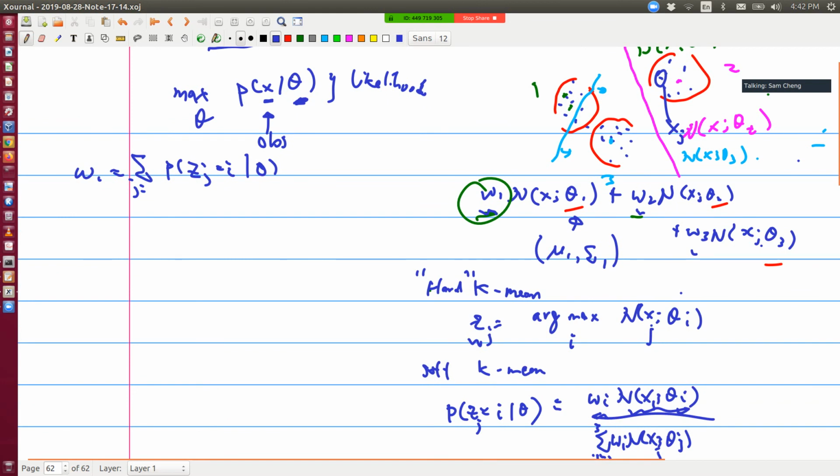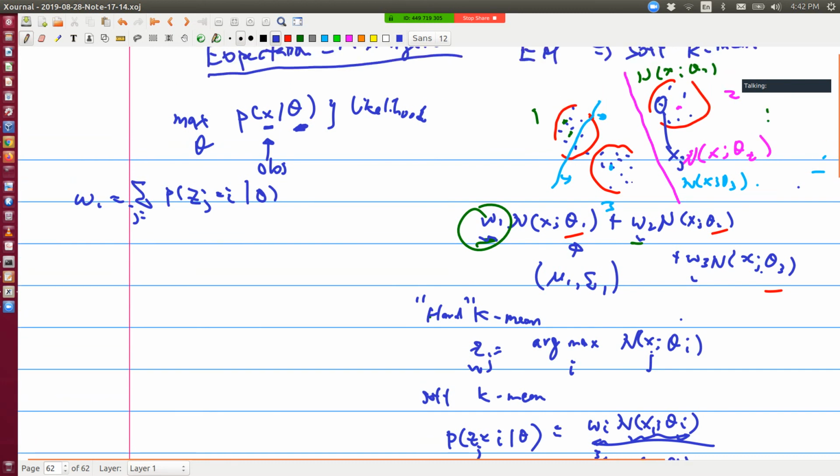Okay, cj is the membership of j, the data point j. So for example, we have a data point in here. So how to calculate that? Does it mean that the distance we calculate first?